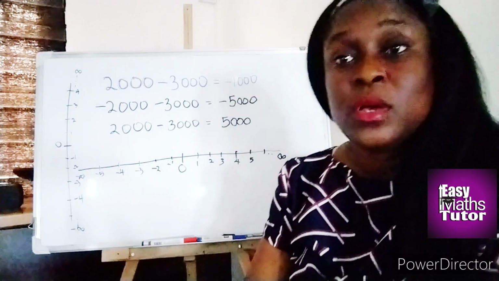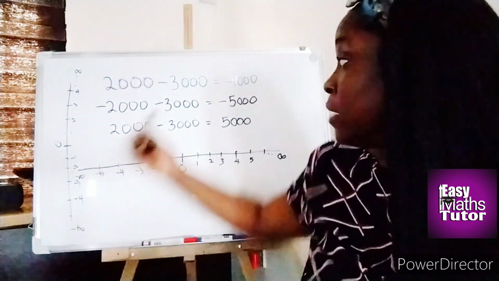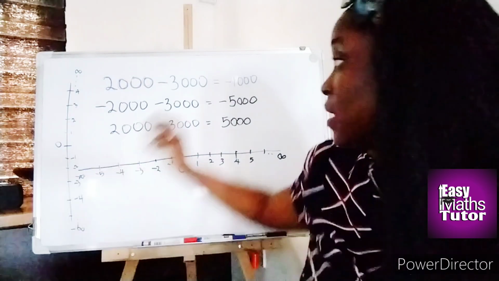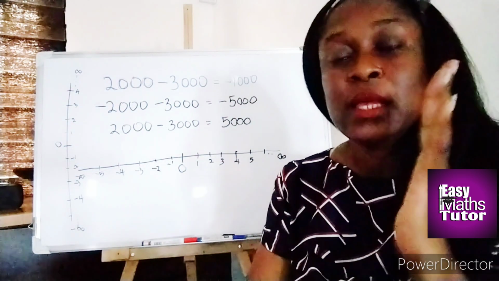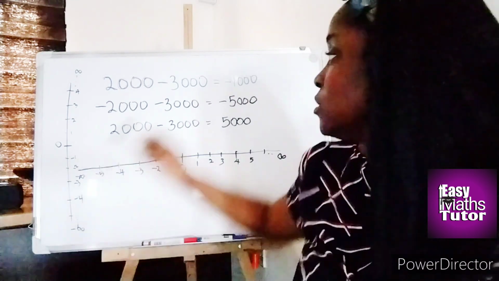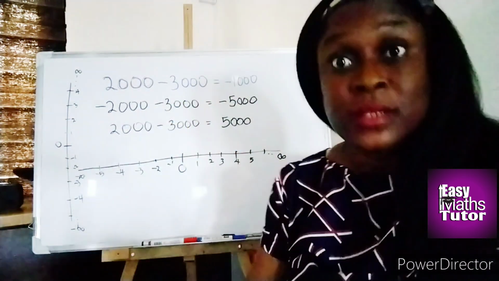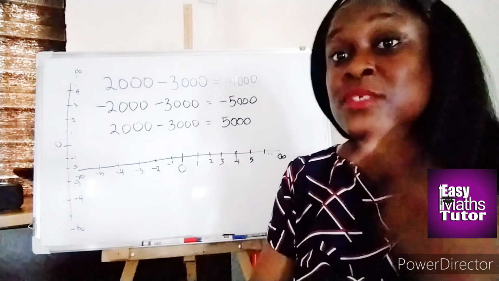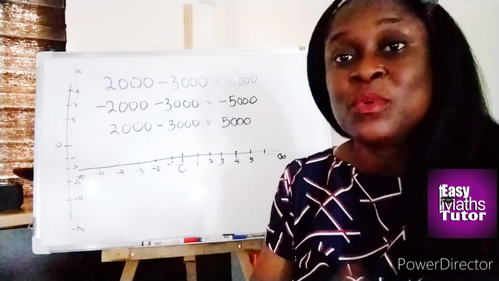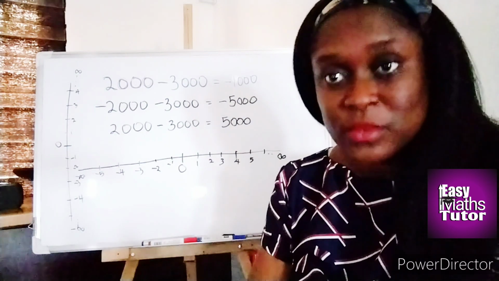Now, what I do, I look at the higher number. The higher number is negative. That means the answer will be negative, all right? So we have 3,000 minus 2,000 will give us 1,000. But because 3,000 is more negative, the answer will be minus 1,000, all right?